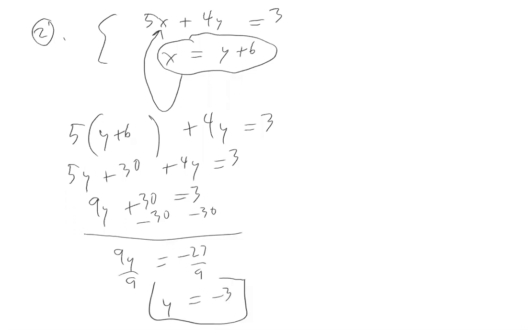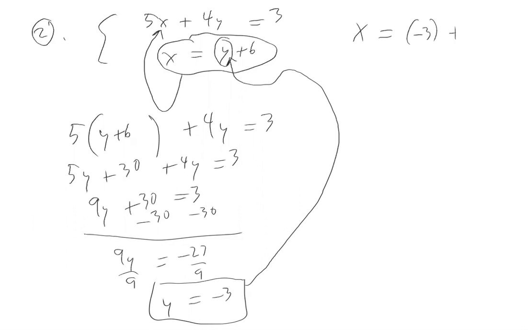Now that's only part of the answer, because now you know what y is, so you have to go back and plug the y that you know into the other equation. So x equals y plus 6 again. But this time, instead of y plus 6, we know that y is actually negative 3.